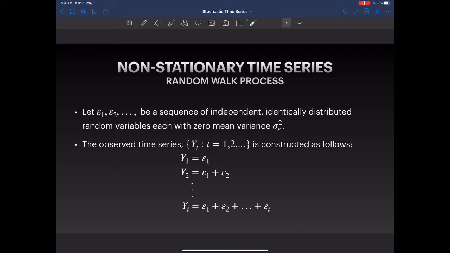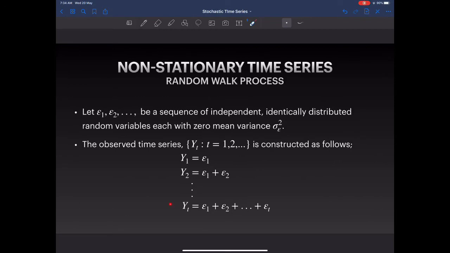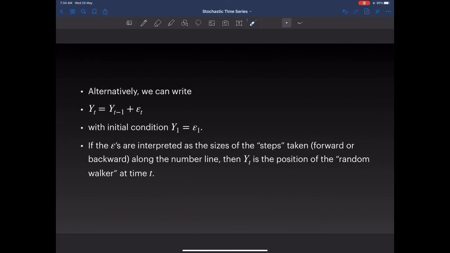These particular error terms are interpreted as the size of the step taken, whether forward or backward, along the number line. While for this particular series, this is the position of the random walker at time t. So that's why we call it a random walk.